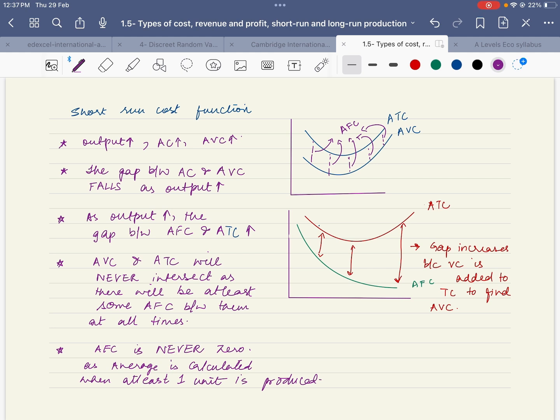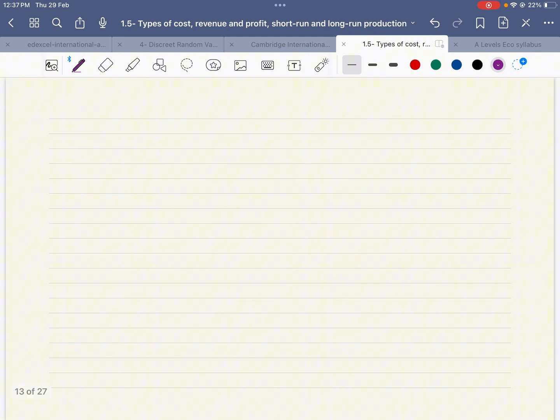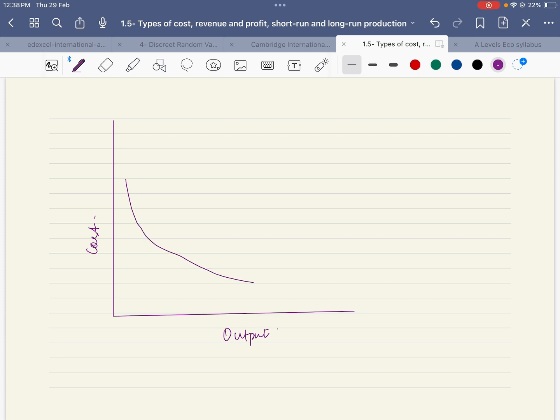Now, let's have a look at the shapes of all the curves: marginal cost curve, average total cost, average variable cost, and average fixed cost. When you draw the cost curves, the average fixed cost will start here, and keeps declining but it never touches 0.